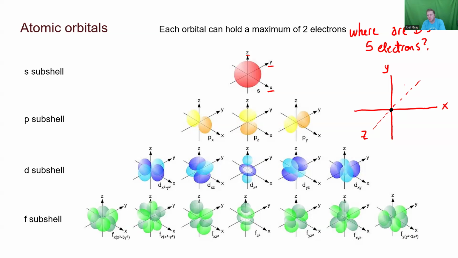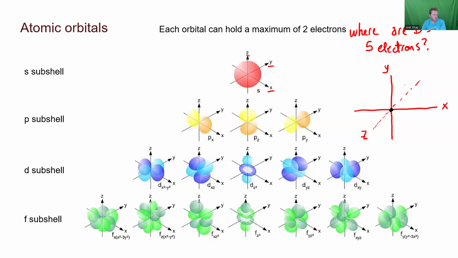Now, what this means is I've got a total of 5 electrons that I can place. Electrons are negatively charged. Where do you think my electrons are going to be with respect to my nucleus? They have opposite charges. So what do we know about a positive and negative charge? Do they attract or repel one another?